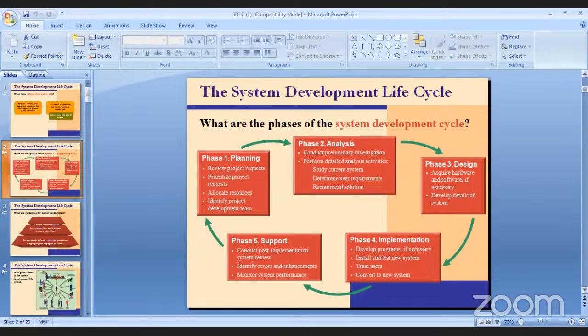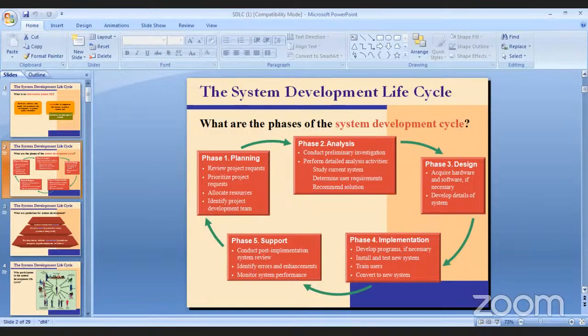Okay, so the SDLC consists of 5 phases. The first one is the planning, second analysis, third design, fourth implementation, fifth support. Is the slide visible? Yes, sir. Okay, so as I told, the SDLC consists of a set of rules or regulations as well as a set of steps which will be followed sequentially.